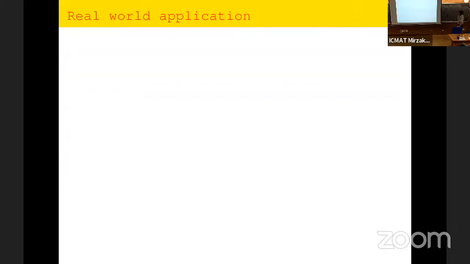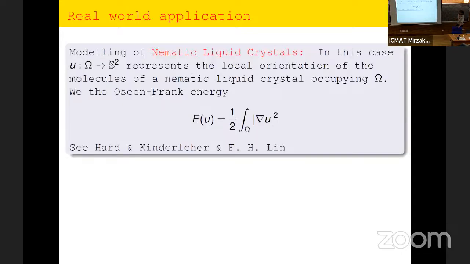some real-world applications of these maps. These, in a sense, motivate the study, the fact that I started to study this kind of problem, because I was looking at liquid crystal models.